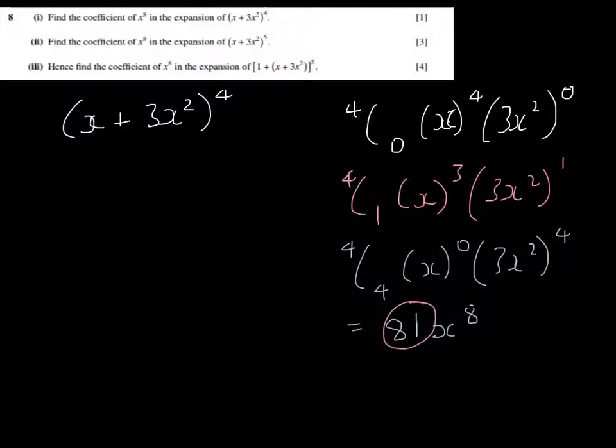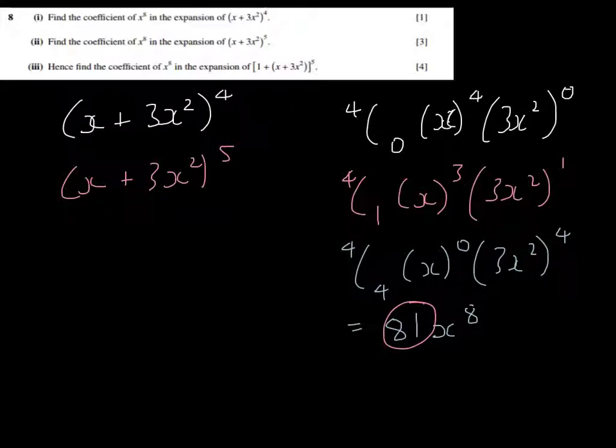Okay, and so now for the next part, it's similar, except now we're dealing with a power of 5 overall. But the same deal as we're trying to find the coefficient of whatever term comes out to be x to the power of 8. So if we go back over to our diagram over here, I'm going to just change some numbers on this.